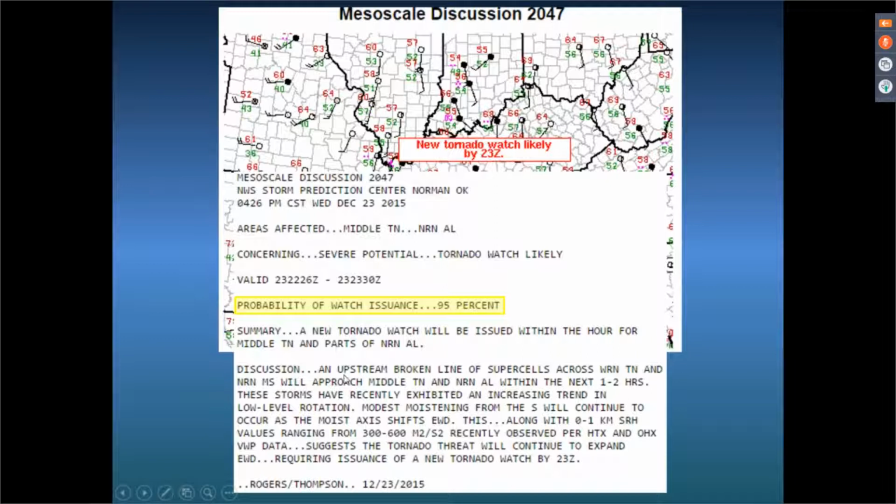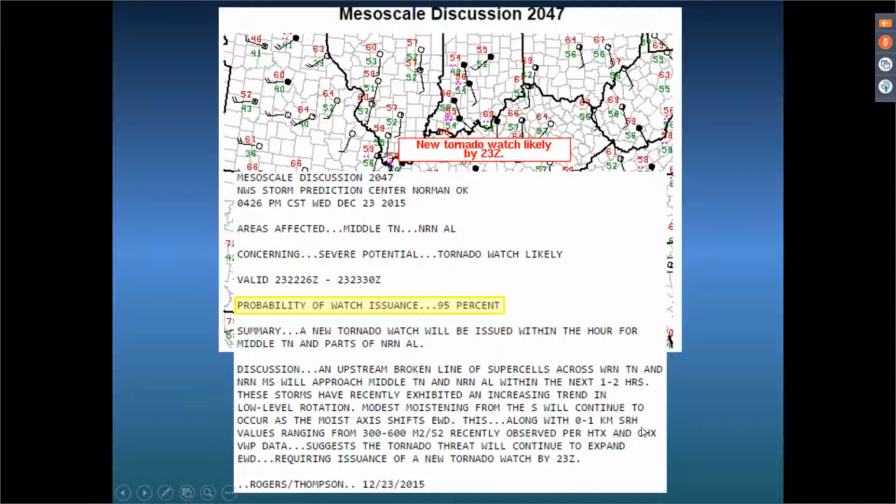And they wrote in their discussion, an upstream broken line of supercells across western Tennessee and northern Mississippi will approach Middle Tennessee and northern Alabama within the next 1 to 2 hours. These storms have recently exhibited an increasing trend in low-level rotation. Modest moistening from the south will continue to occur as the moist axis shifts eastward.